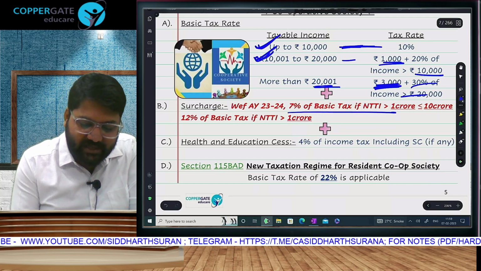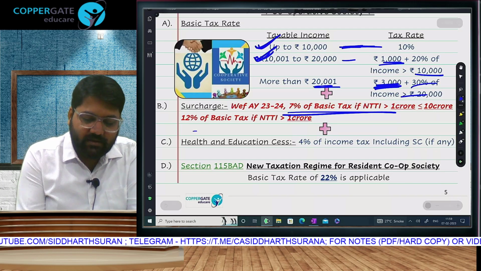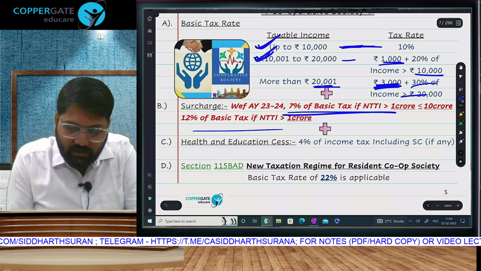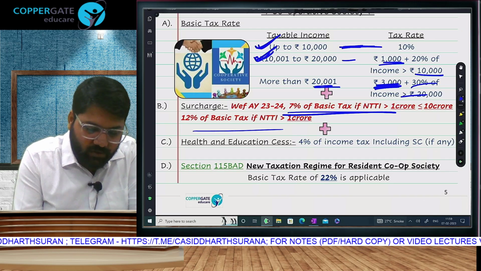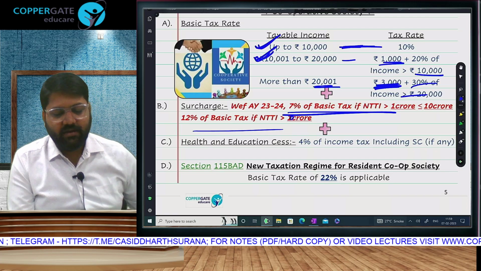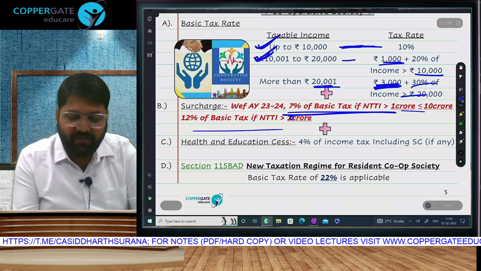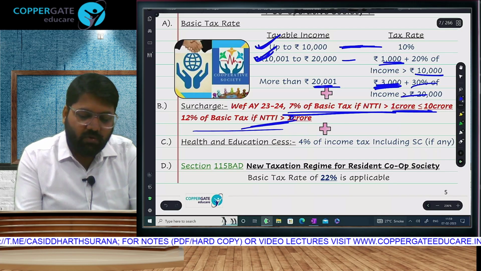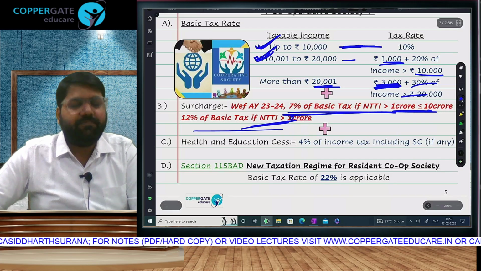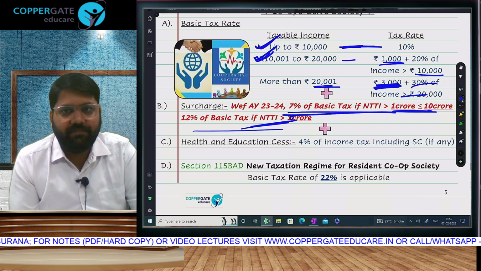If your income is exceeding 1 crore, then 7%. And if your income is exceeding 10 crore, 12% of the basic tax if the NTTI is exceeding 10 crore. Printing mistake, please correct it. Up to 1 crore, 0%, more than 1 crore up to 10 crore, 7%, and more than 10 crore, it will be 12%.